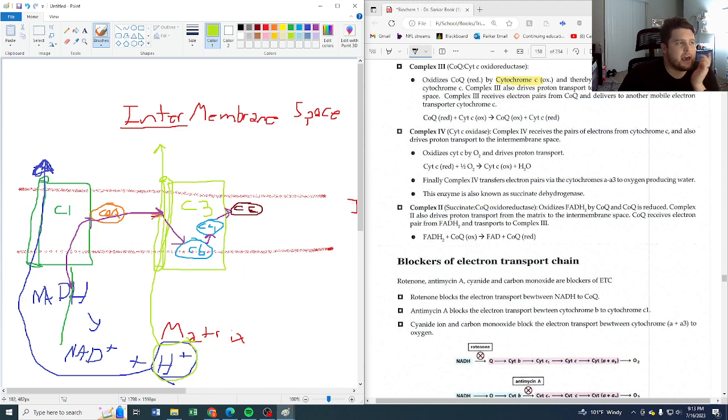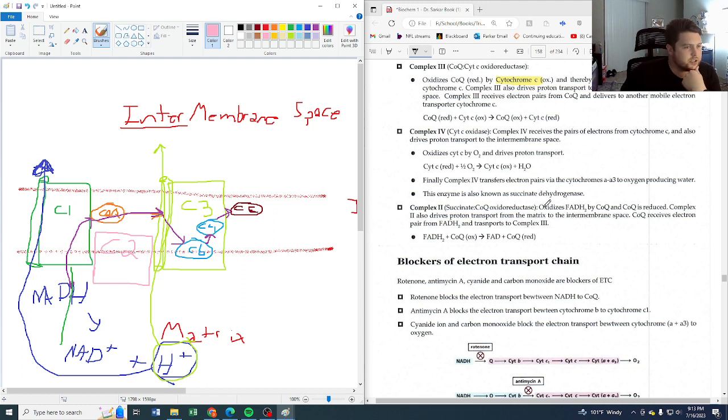We also made FADH2. So we have a complex 2 in between. Except you'll notice the difference between complex 1 and complex 3 from complex 2 is that complex 2 doesn't go all the way through the membrane. It does not have a channel to pump hydrogens through.